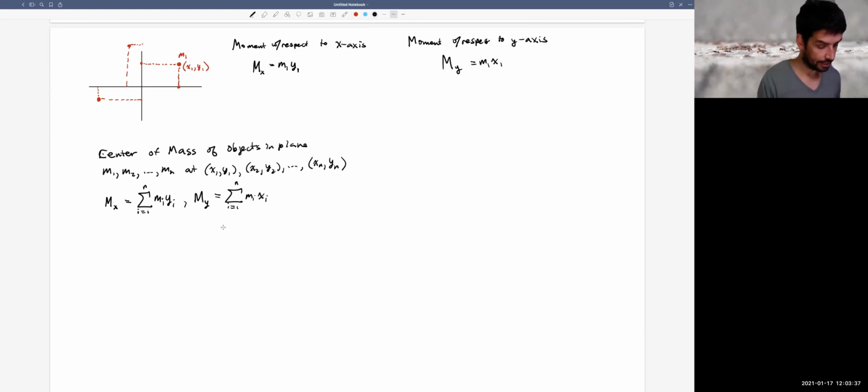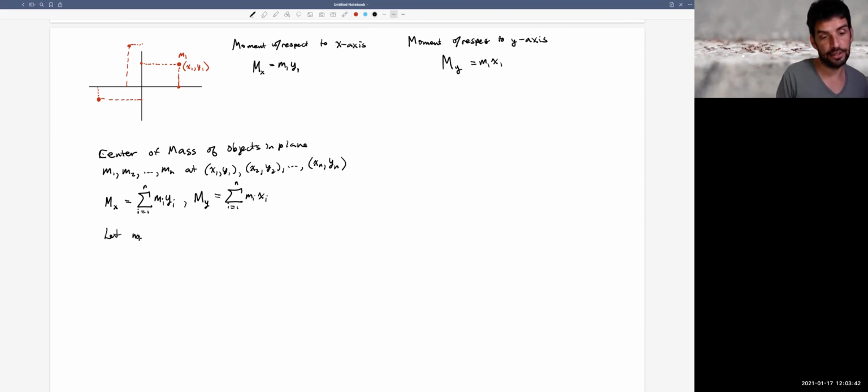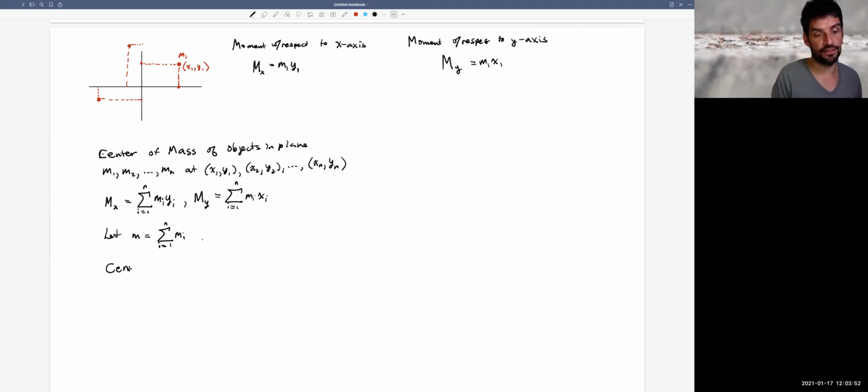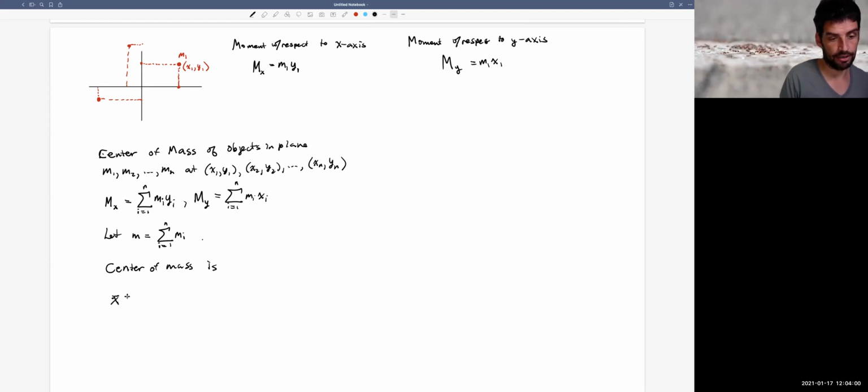And so then we'll let little m be the total mass. Then the center of mass of this system is given by x bar is going to be My over little m, and y bar is going to be Mx over little m.